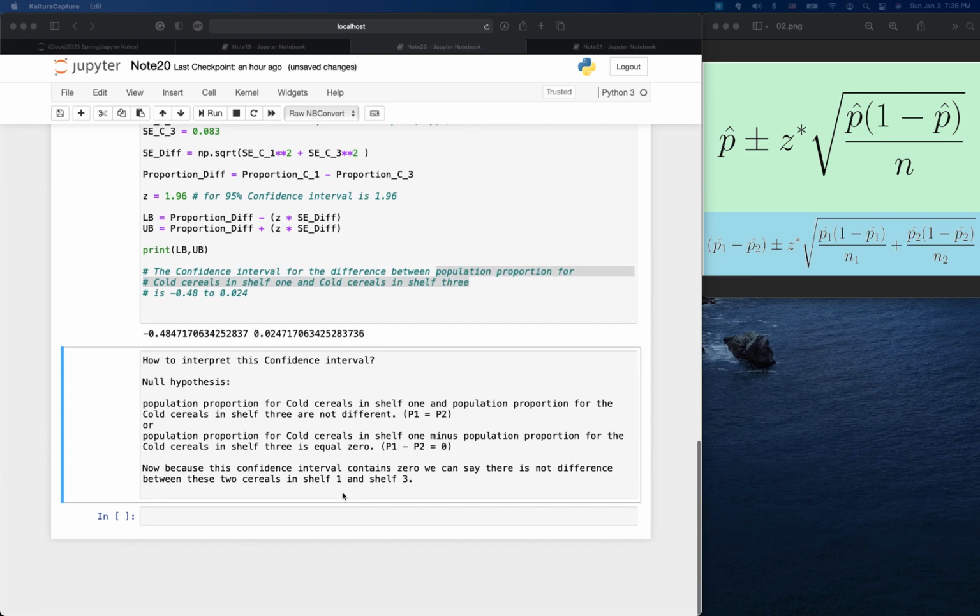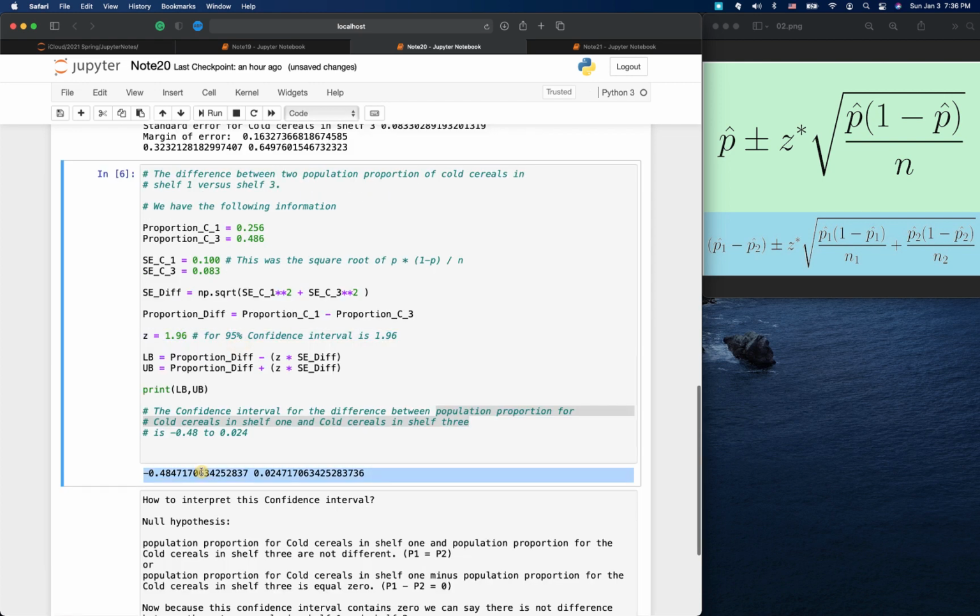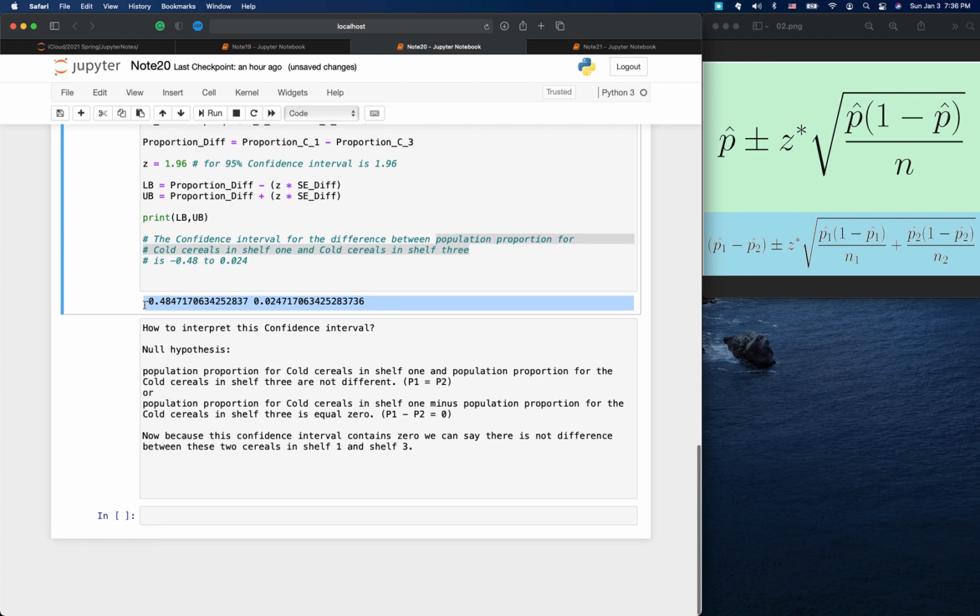We can explain this in different words, but the most important thing is to understand what happens if our confidence interval contains 0, meaning there is a negative number as the lower bound and a positive number as the upper bound.